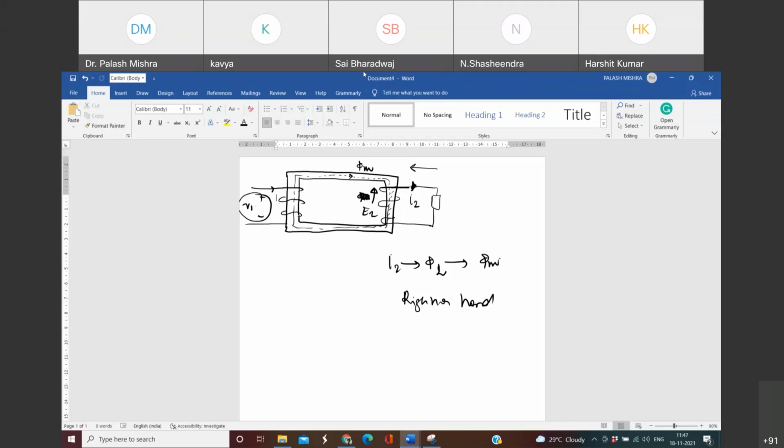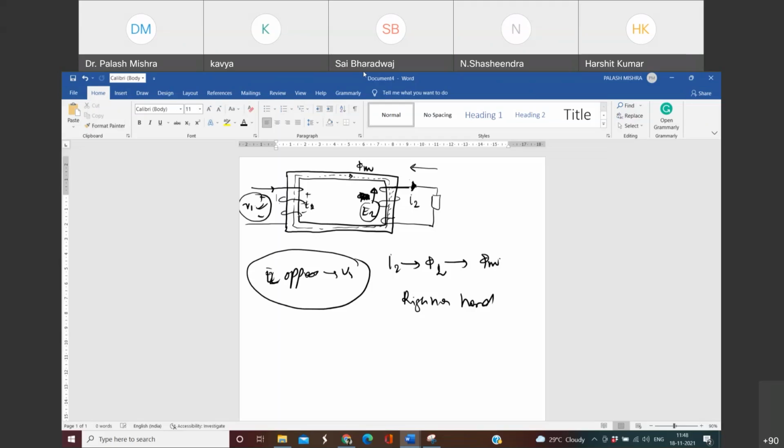So now you have to tell me, this V1, or E1, and the induced EMF E2: will this E2 be opposing in nature as compared to V1? I think so. It should be opposing in nature. E2 will always oppose V1 because that is the main cause why it is being generated.